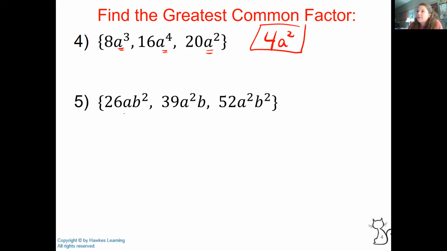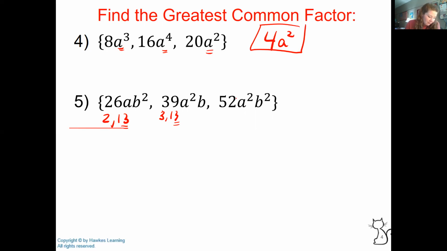Number 5, what are the factors of 26? So 2 and 13, and I think that's it. And then 39 would be 1 and 39, 3 and 13. So I'm going to bet that probably 52 is divisible by 13.